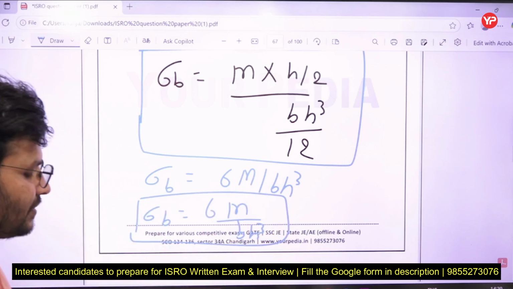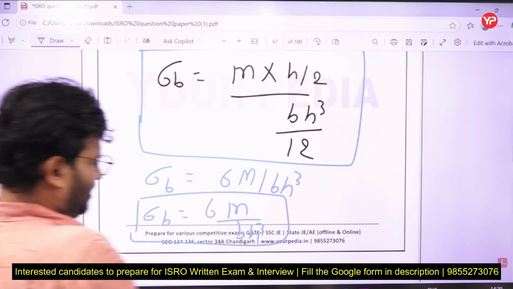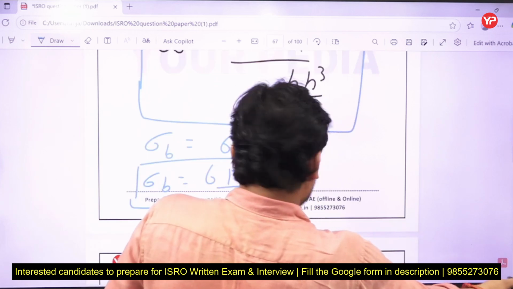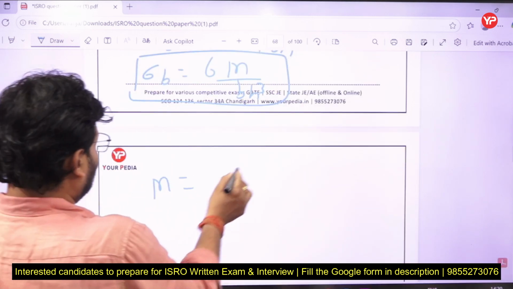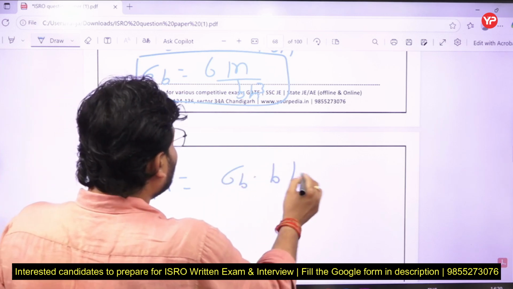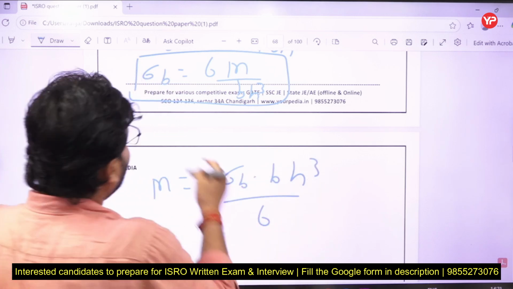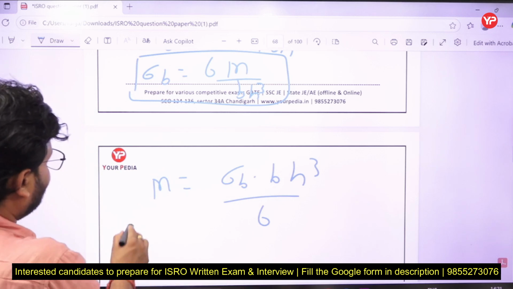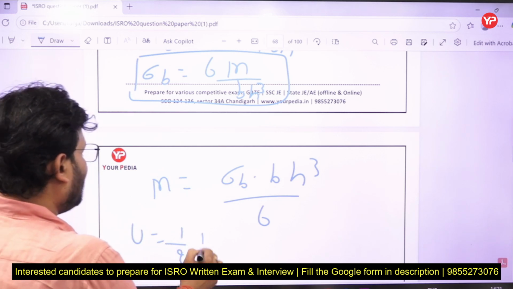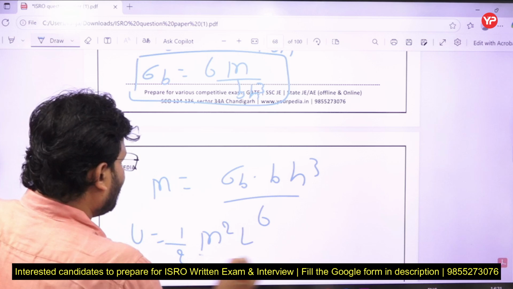Now if I ask what will be M, we can say M will be sigma B b h square upon 6. Now put that value in the strain energy. If you remember, strain energy is half M square L upon EI.